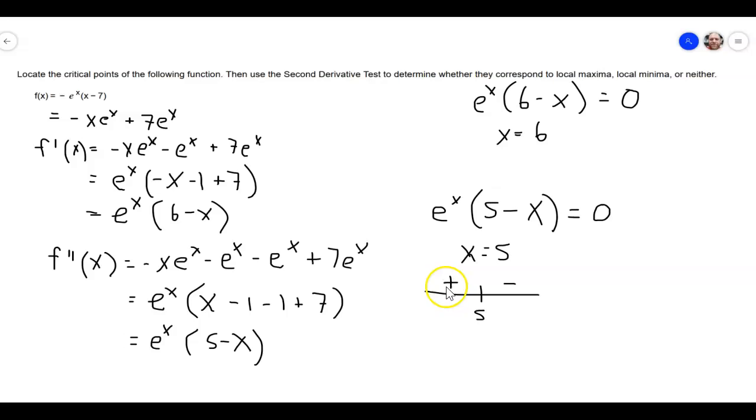So what does that mean? That means that it is concave up, and then it is concave down. At 6, we are concave down. Sorry, I really should have said that. So at 6, we're concave down, which makes it a local maximum. A local maximum. Yes.